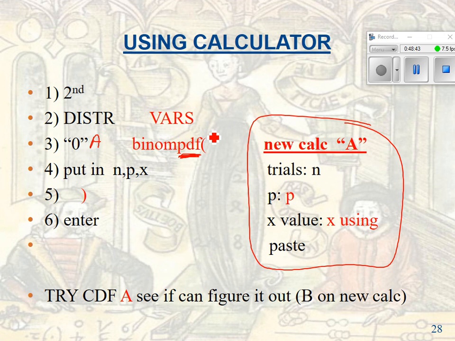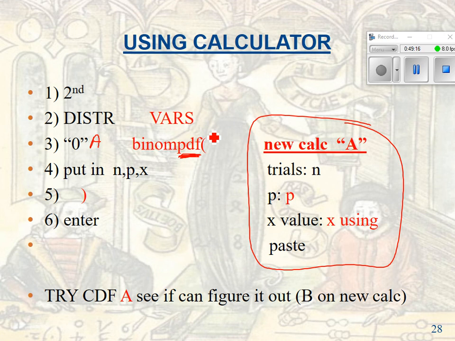Okay. Just to check and make sure that we can do this. In our calculators, we're gonna hit second, and then, see, mine's the bars button. Then we scroll down to binomial PDF.